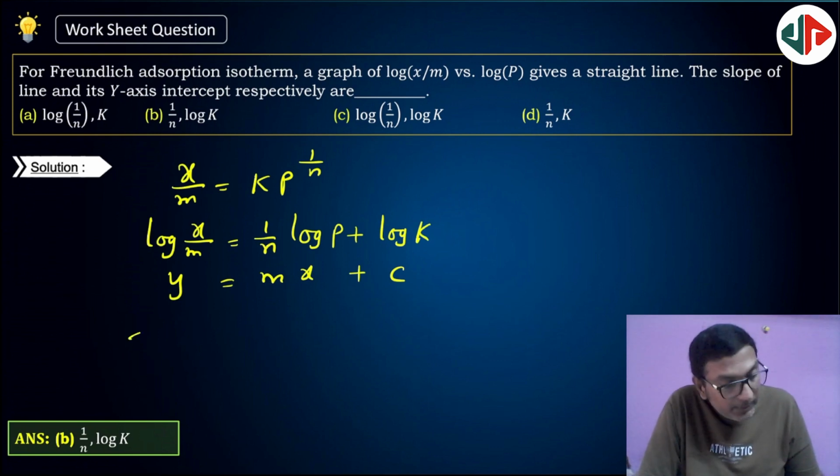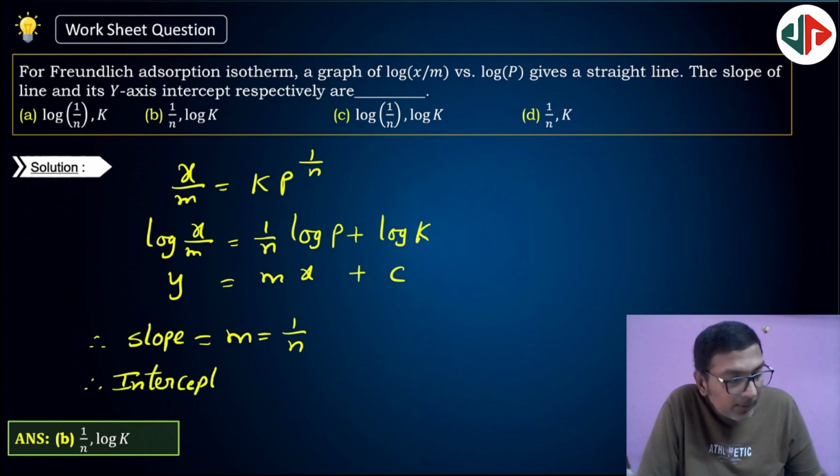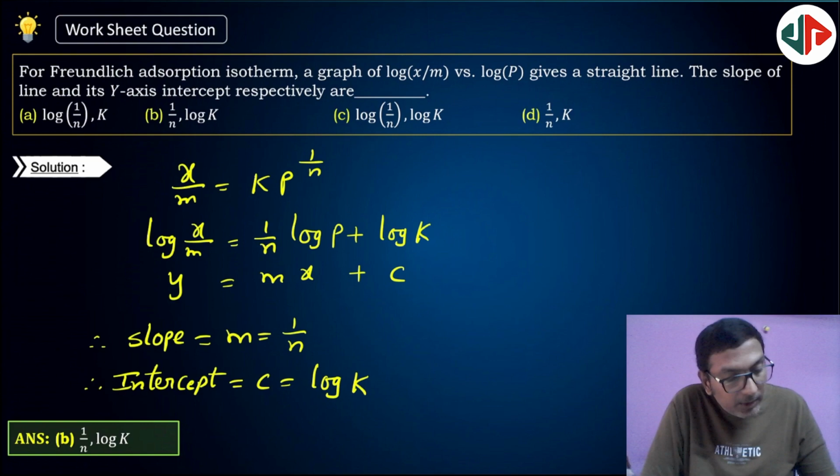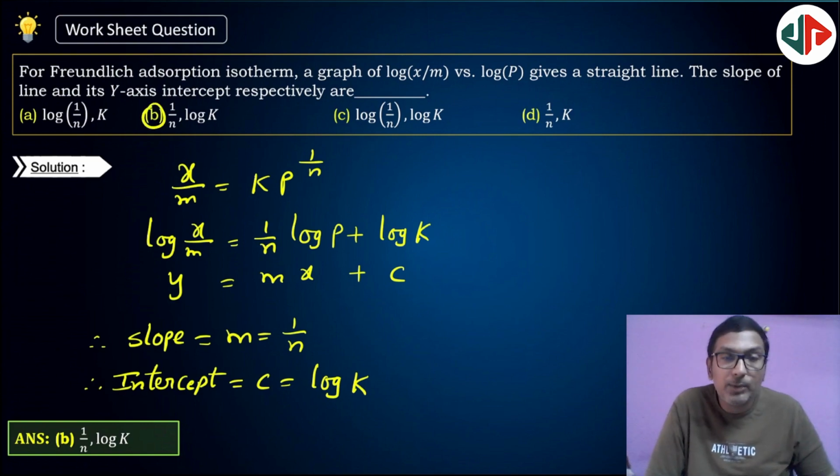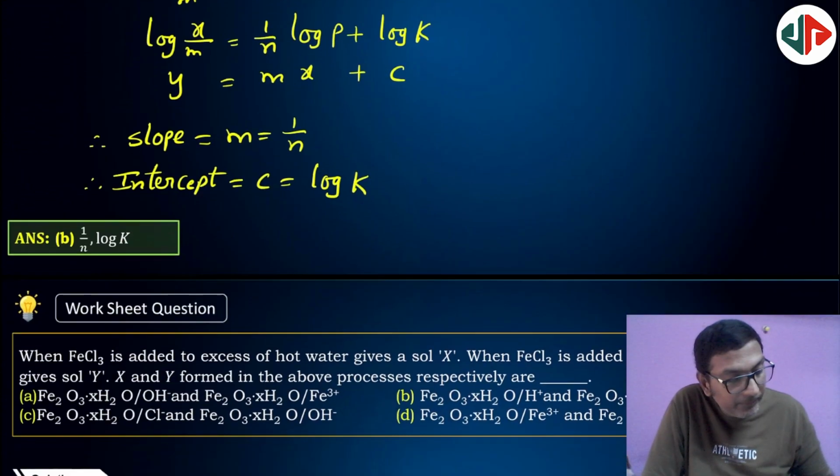Here slope m equals 1 by n and intercept c equals log k. So option B, slope and intercept. Next.